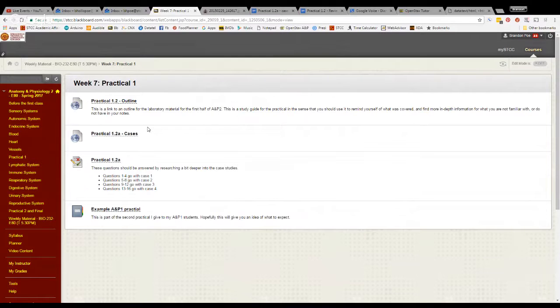Case 2 is about diabetes, so you better know the pancreas and insulin and glucagon inside and out. If you have time to study more about the endocrine system than that, please move on to the pituitary, the thyroid, the parathyroid, and the adrenals. But really, there's not a whole lot of reason to go into other parts of the endocrine system because it's just not something that's stressed in the class.